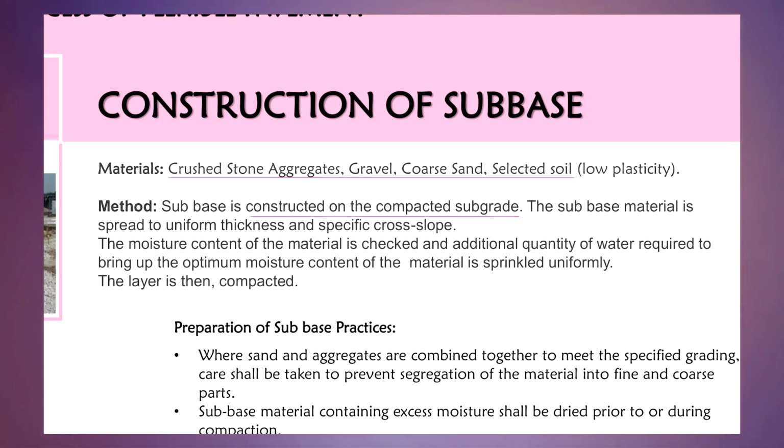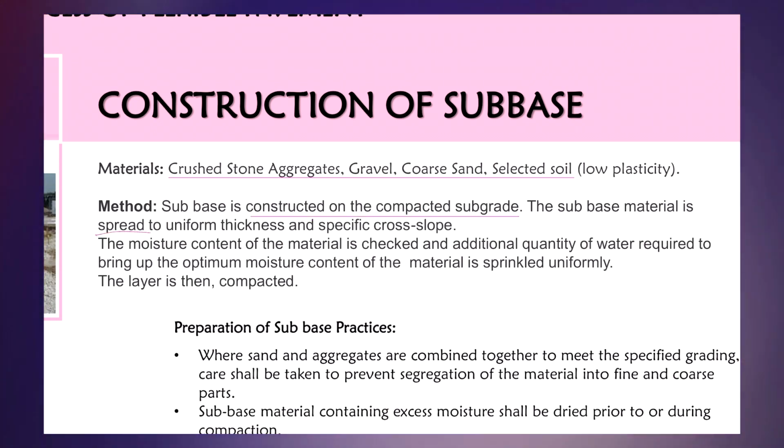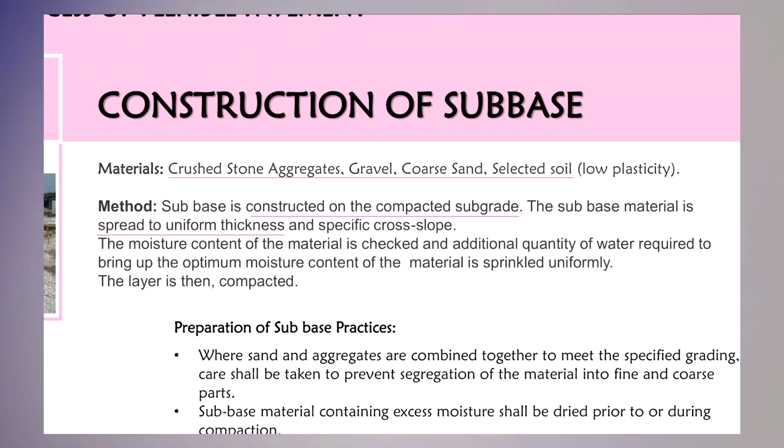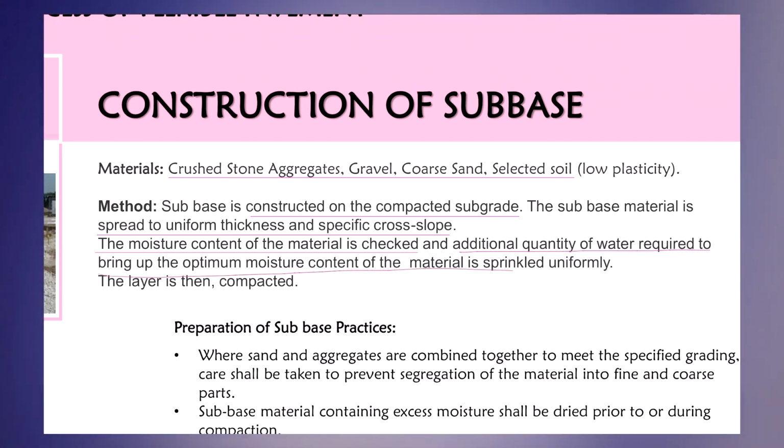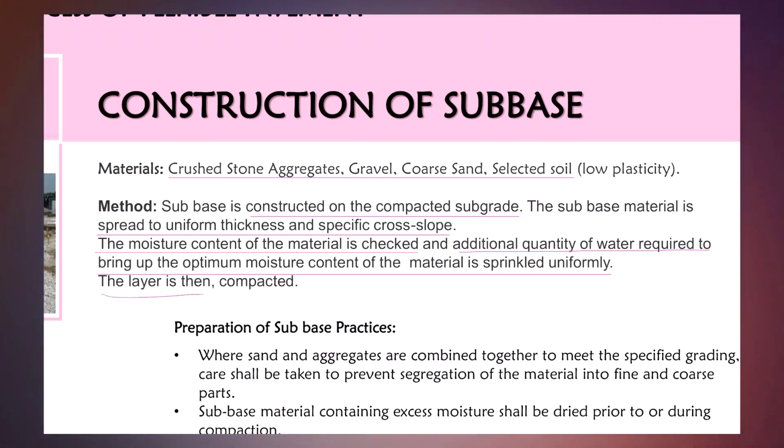The subbase material is spread to uniform thickness and also to reach specific cross slope. The moisture content of the material is checked, and any additional quantity of water required to bring up the optimum moisture content of the material is sprinkled uniformly. The layer is then compacted.